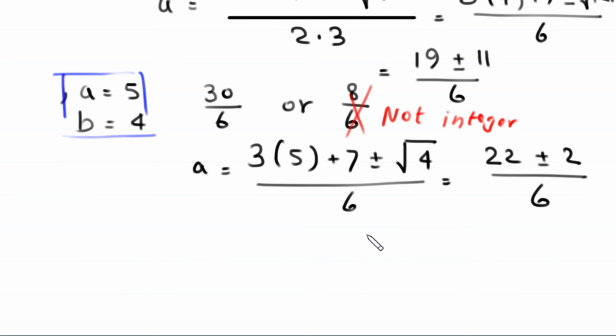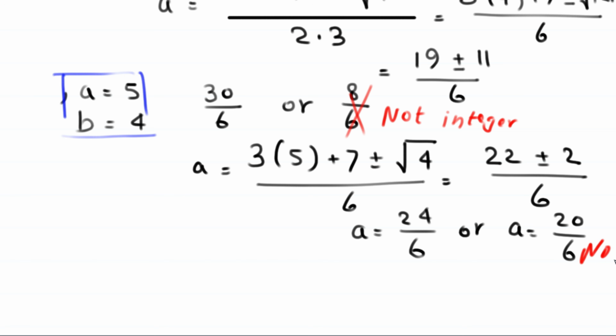It means that a will be equal to 24 over 6, or a will be equal to 20 over 6. This is not an integer, so this will be rejected, and from this case we get the value of a equal to 4. It means that when b is equal to 5, then a will be 4.